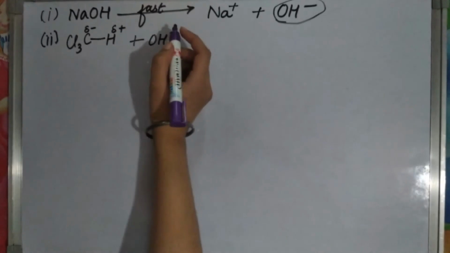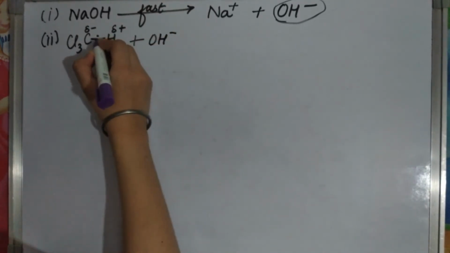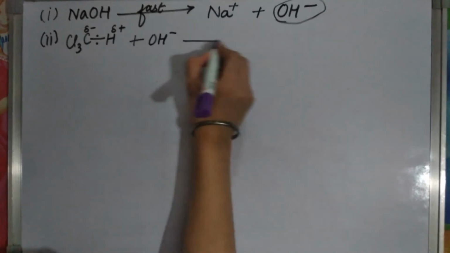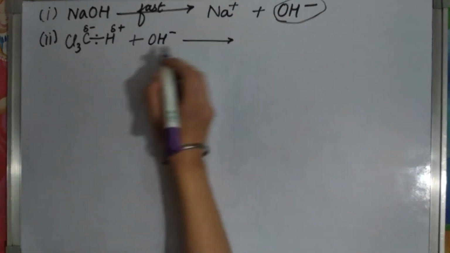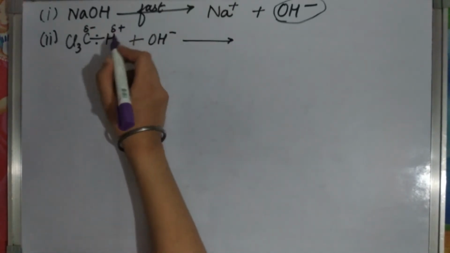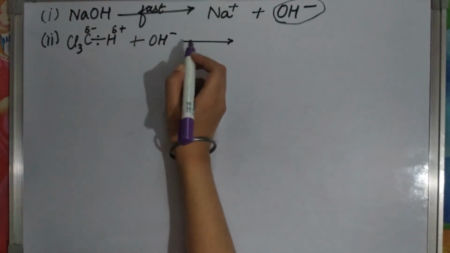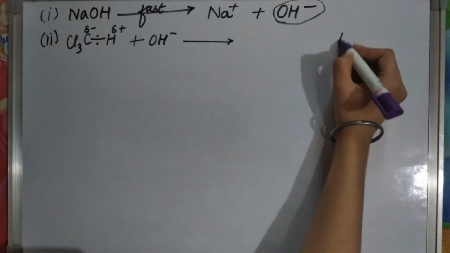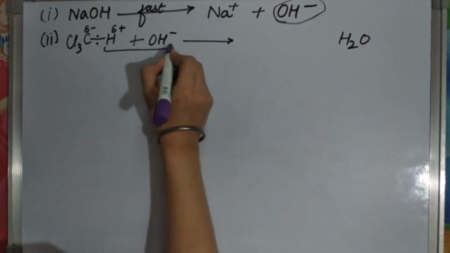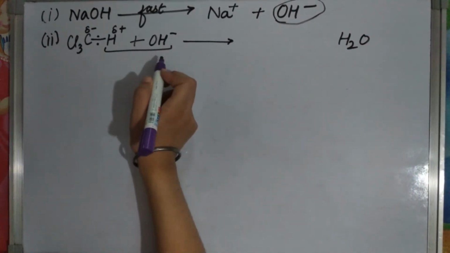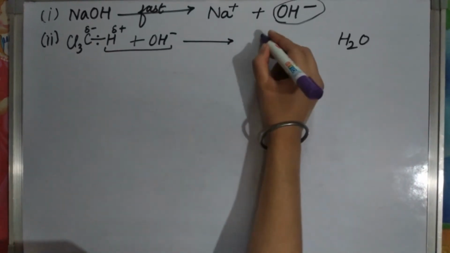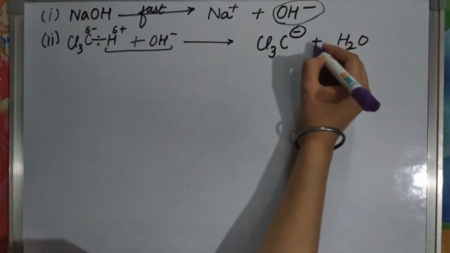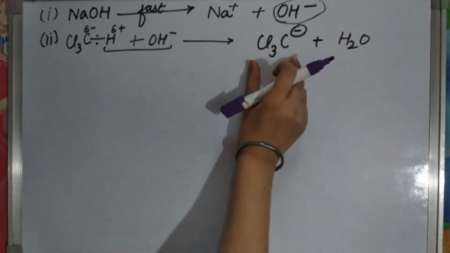OH negative. Now these are the electrons of this chloroform CH bond. Now what will happen? This H plus will be transferred to OH negative. That means water is formed by combining H plus and OH negative, and the remaining part, that is Cl3C negative, will remain, right?